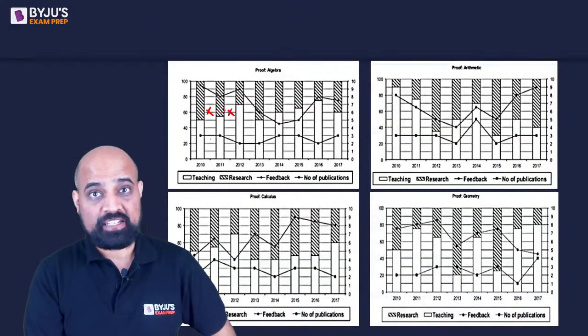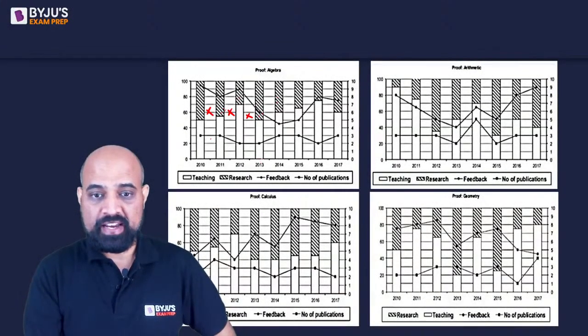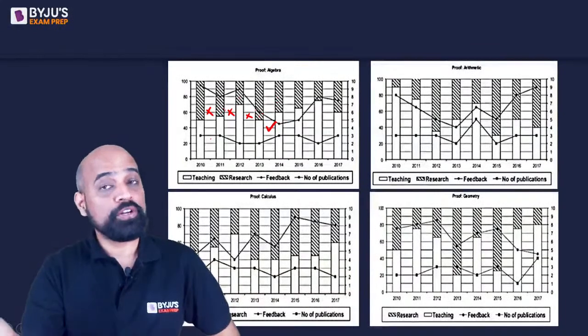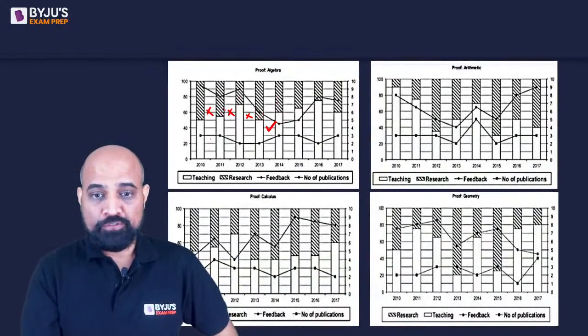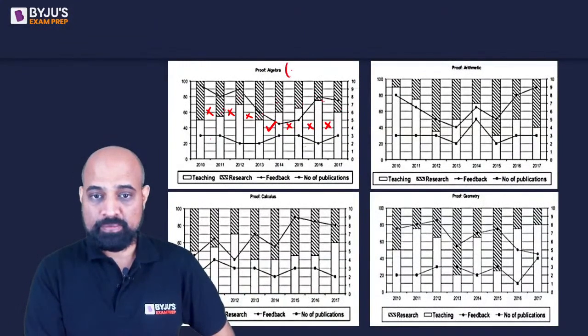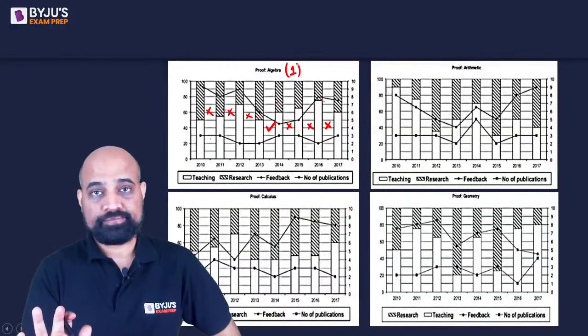Here effort has increased, so we can't take this. Here effort has decreased and the feedback has increased, so we can take this particular year, 2013 to 2014. 2014 to 2015, again the effort has decreased, feedback has remained constant, we can't take this. Effort has decreased, feedback has again decreased, can't take this. And here effort has increased, can't take this. So in algebra professor, only one is visible.